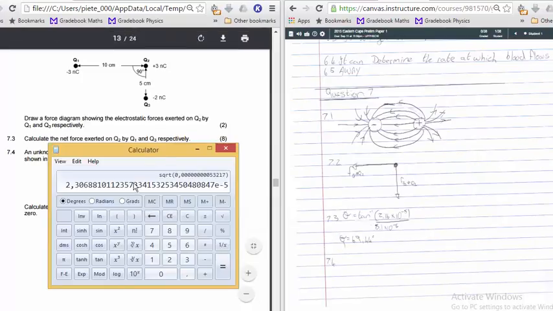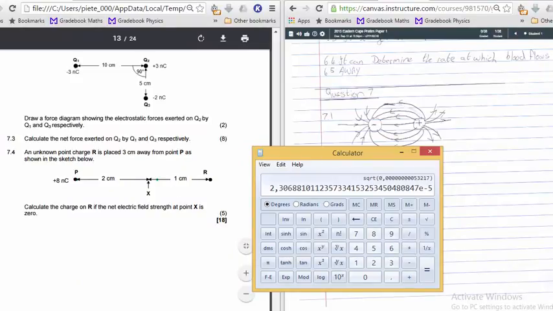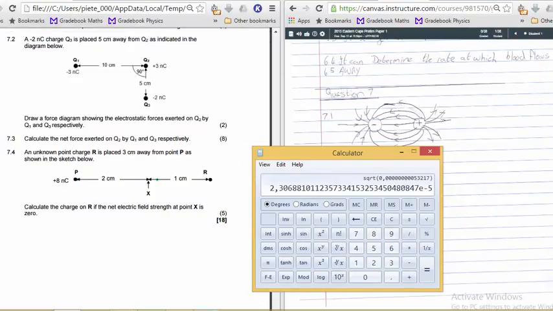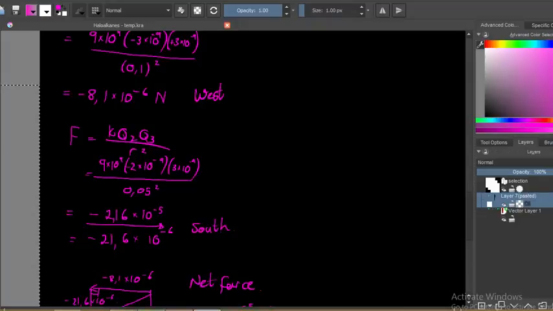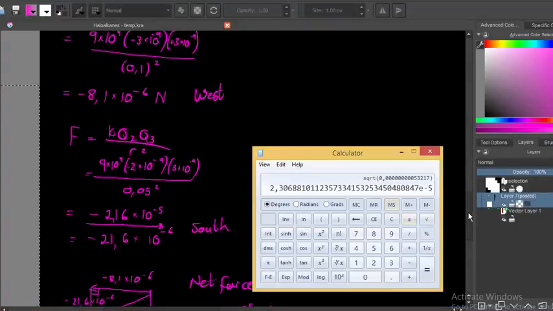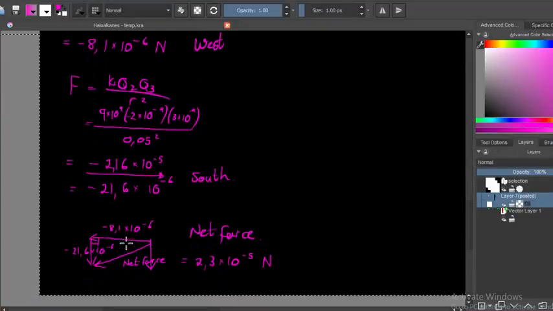And then now to work out the direction of this new direction, let me just go back to my sketch here. To work out the new direction of this sketch down here, I'll need that angle. Okay, so to get that angle is also very easy.